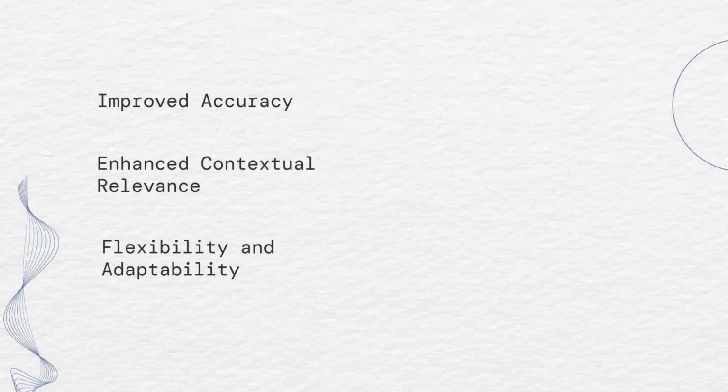Then the next advantage is reduced training data dependency. Unlike traditional generation models that require extensive training data, RAG can utilize external knowledge sources to augment its responses. This reduces the dependency on large amounts of training data and allows the system to generate high quality responses with less extensive training.